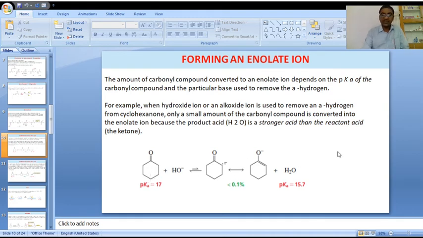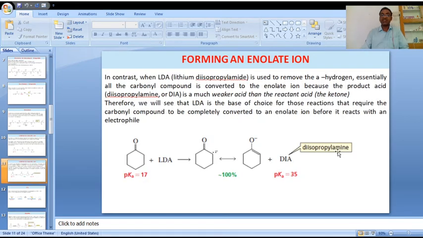Because of that, enolate formation is very low in that reaction. But here the product acid is a much weaker acid than the reactant. The reactant cyclohexanone pKa value is 17. It is more acidic.